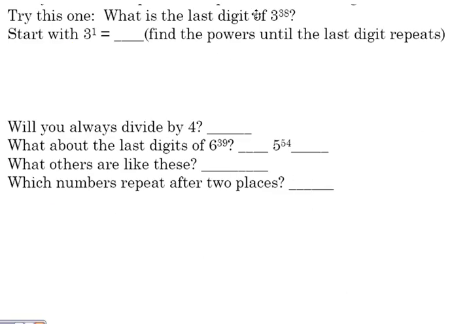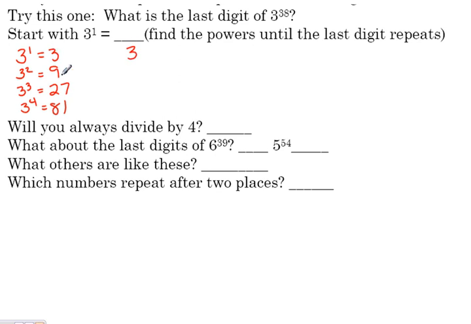Now you try it. What's the last digit of 3 to the 38th power? Pause the video and see if you can figure it out. Okay, well, you know that 3 to the first power is 3, 3 to the second power is 9, 3 to the third power is 27, and 3 to the fourth power is 81. If I take 81 and I multiply it by 3 again, 1 times 3 is going to give me 3.